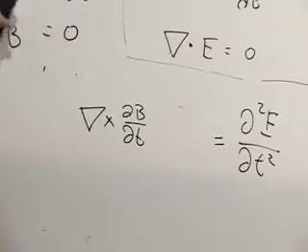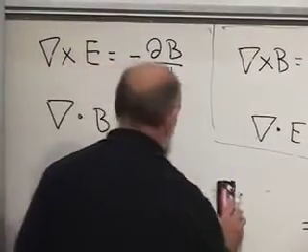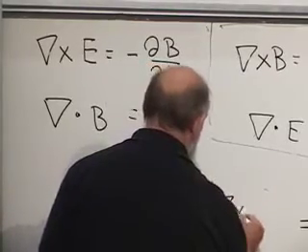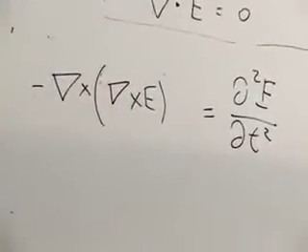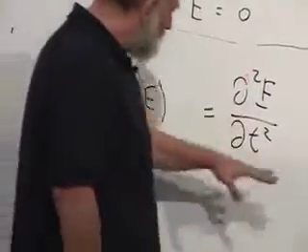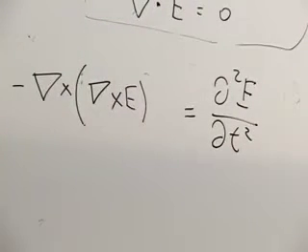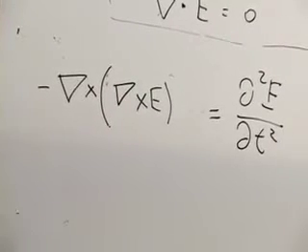And now for dB/dt, we substitute minus curl of E. So that gives us a minus sign and a curl of E. Here we have an equation which only involves the electric field, second derivative with respect to t on the left-hand side and various complicated derivatives on the right-hand side.